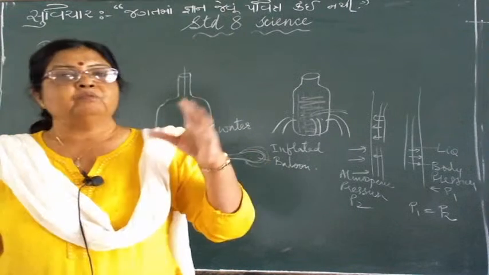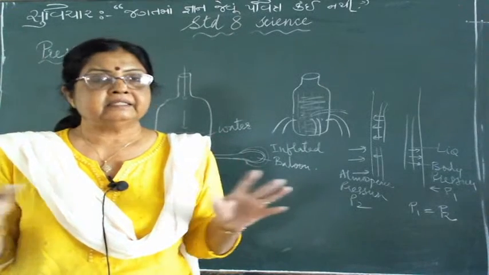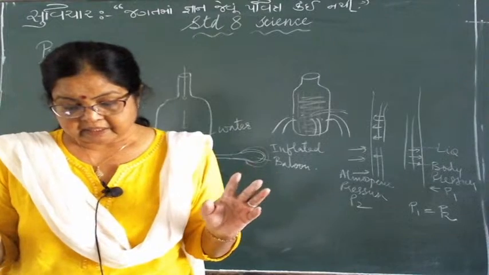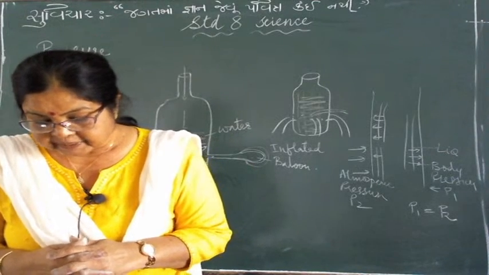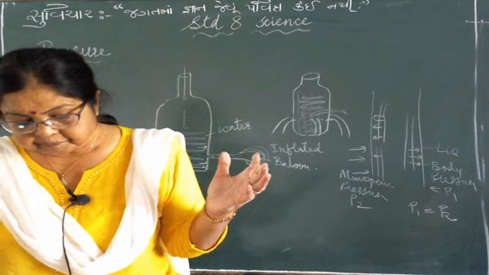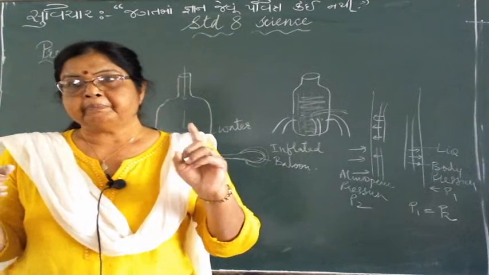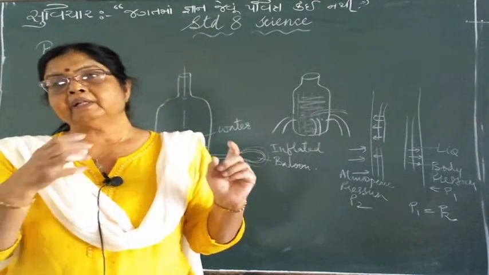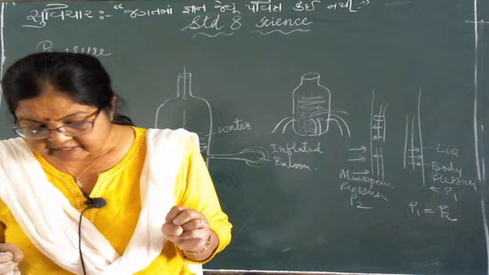Okay. Now, one scientist in the 17th century made one excellent experiment. Otto von Guericke. He invented a pump, and that pump used to take all the air from a vessel.